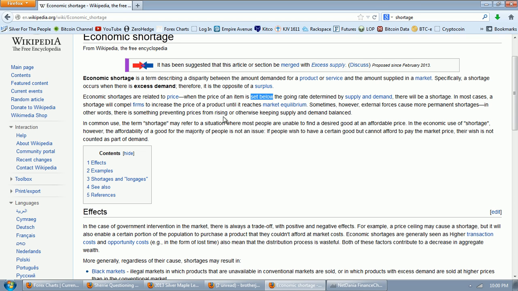In most cases, a shortage will compel firms to increase the price of a product until it reaches market equilibrium. Sometimes, however, external forces cause more permanent shortages. In other words, there is something preventing prices from rising or otherwise keeping supply and demand balanced.